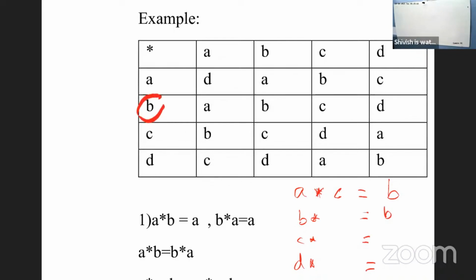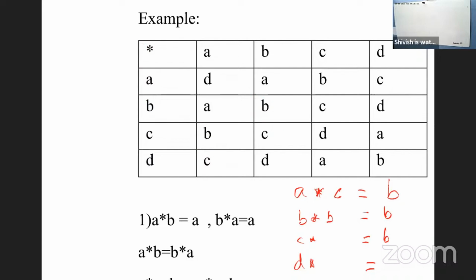B star something gives a B. What's the inverse of C? C star something gives a B. C star A, right? If the inverse of A is C, the inverse of C is A.